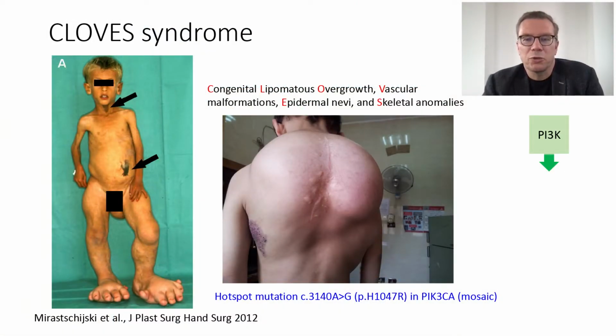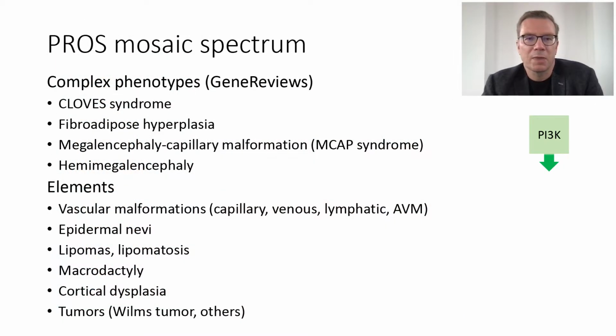And CLOVES syndrome, which stands for congenital lipomatous overgrowth, vascular malformations, epidermal nevi, skeletal anomalies, is one of the prototypic disorders of mosaicism, with typically classical oncogenic PIK3CA mutations occurring in the mosaic, and you can find it in the lesional tissue in these patients.